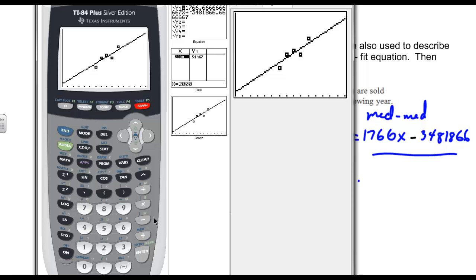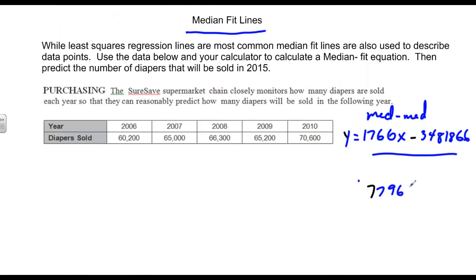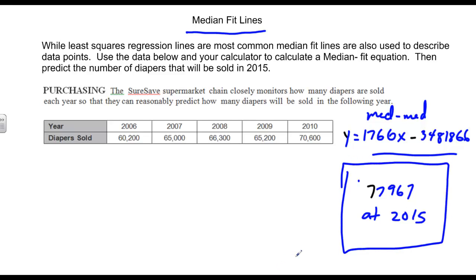And if we want to do an extrapolation and find out where this value is going to be at 2015, we go to table, so second graph, and at 2015, I get a total of 77,967. So I've done my calculation of my median line and then an extrapolated value at 2015.